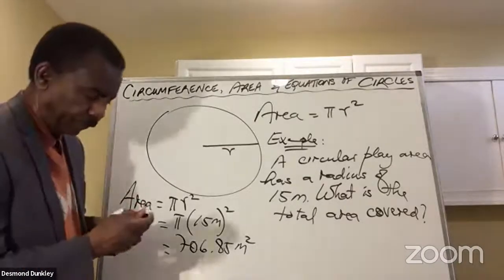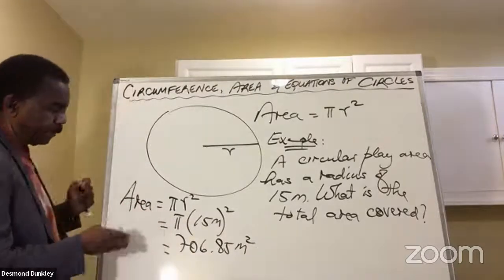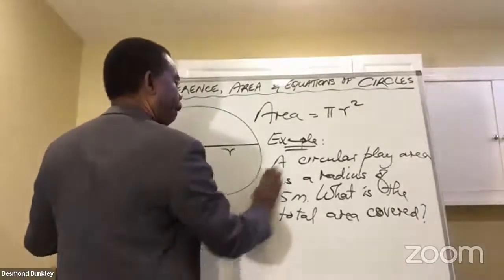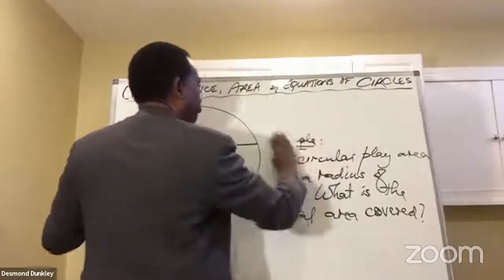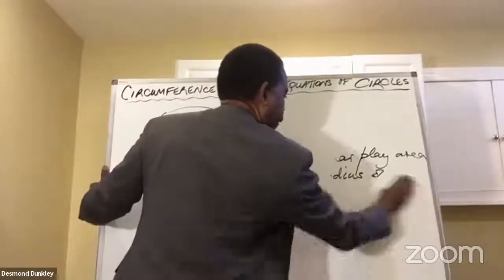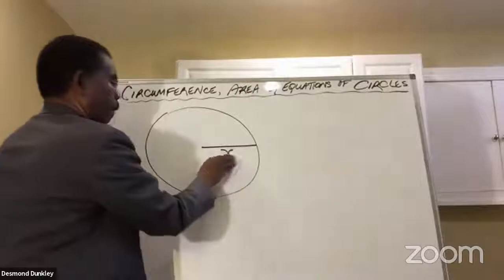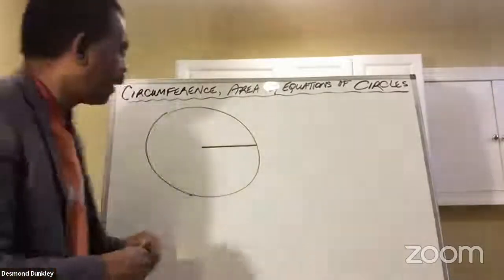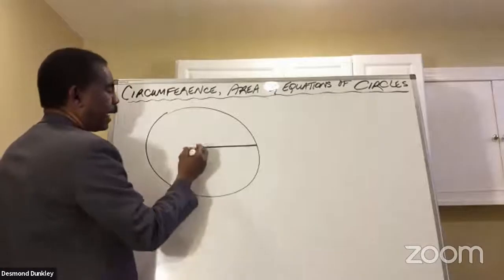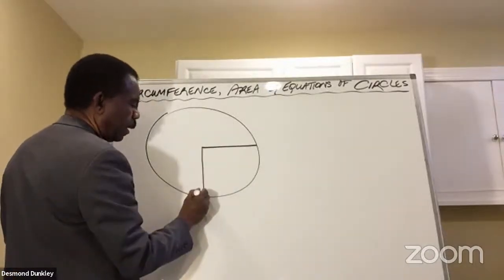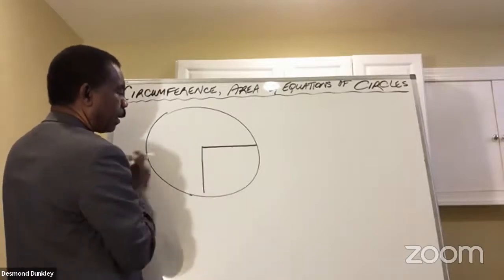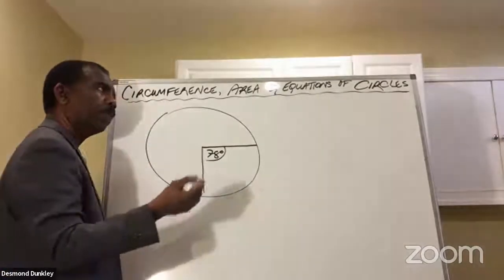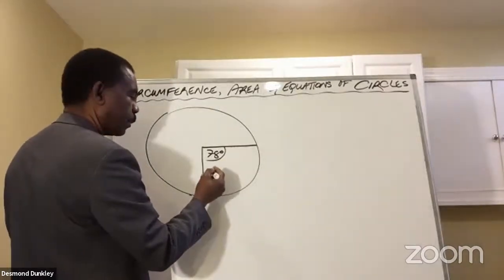Let's try another example. Okay, my neighbor has a circular vegetable garden, and he decided, this is just make believe, that this portion of his garden, which is about 78 degrees, is planted using, let's use tomatoes.